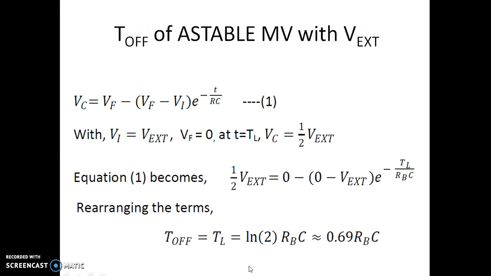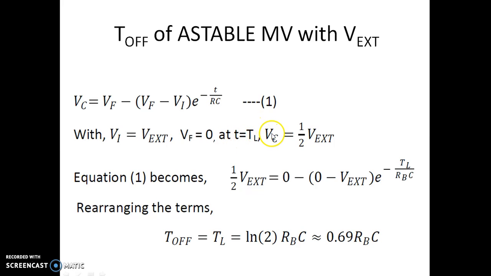It is interesting to see what happens to the off time. From the same expression, the initial voltage is V external, because when we are trying to find the off time, the initial voltage of the capacitor is VTH, which is V external. The final voltage is 0, as the capacitor is allowed to discharge up to infinite time, it will reach 0 volt.